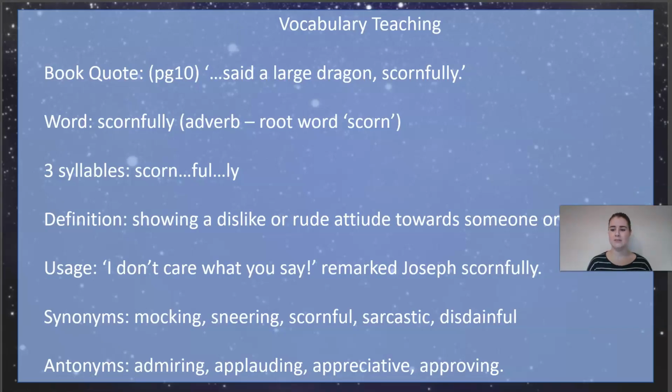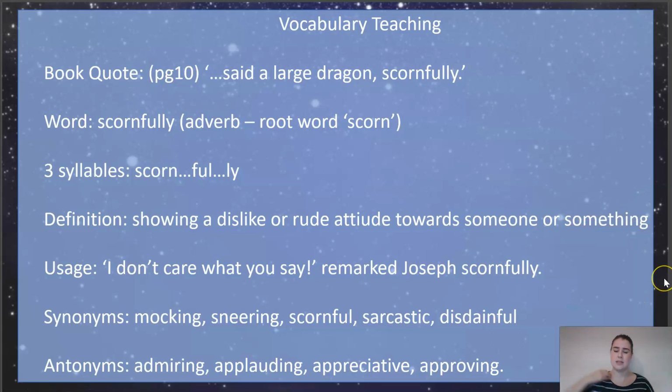So let's have a look at some vocabulary from that section of our reading. If you have a look on page 10, there is a quote that said, a large dragon scornfully. So we're going to look at the word scornfully. Now scornfully is an adverb, but if we look at the root word, it means to scorn. Looking at our adverb, scornfully is 3 syllables. Okay, so 3 syllables.